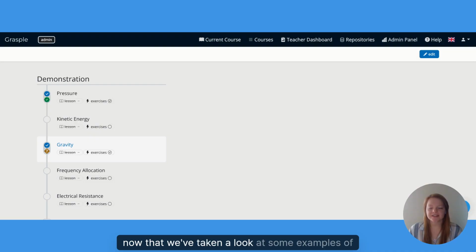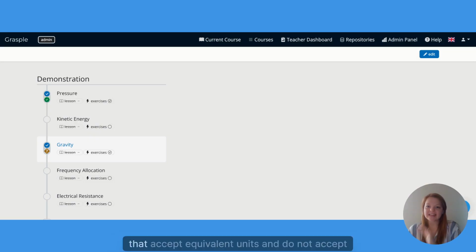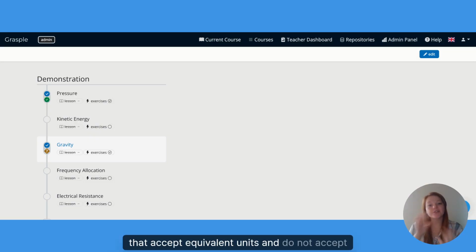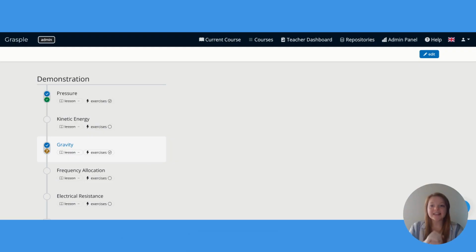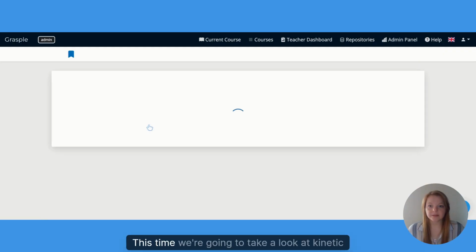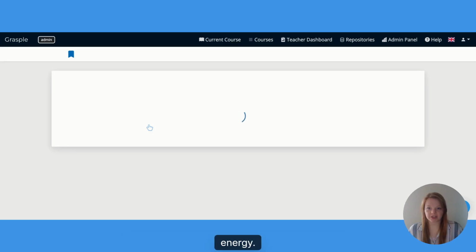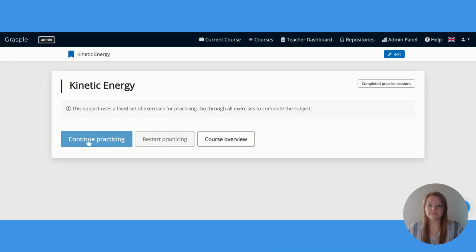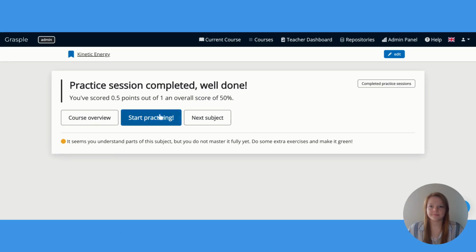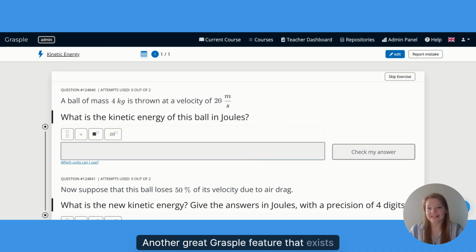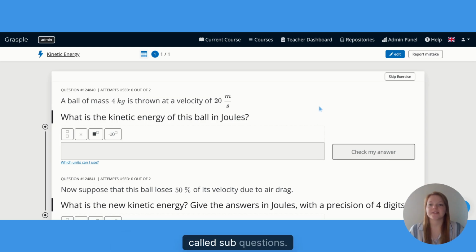Now that we've taken a look at some examples of questions that accept equivalent units and do not accept equivalent units, let's take a look at another set of example questions. This time we're going to take a look at kinetic energy. Another great Grasple feature that exists not only for STEM education, but for all of the exercises on Grasple is that we offer something called sub-questions.